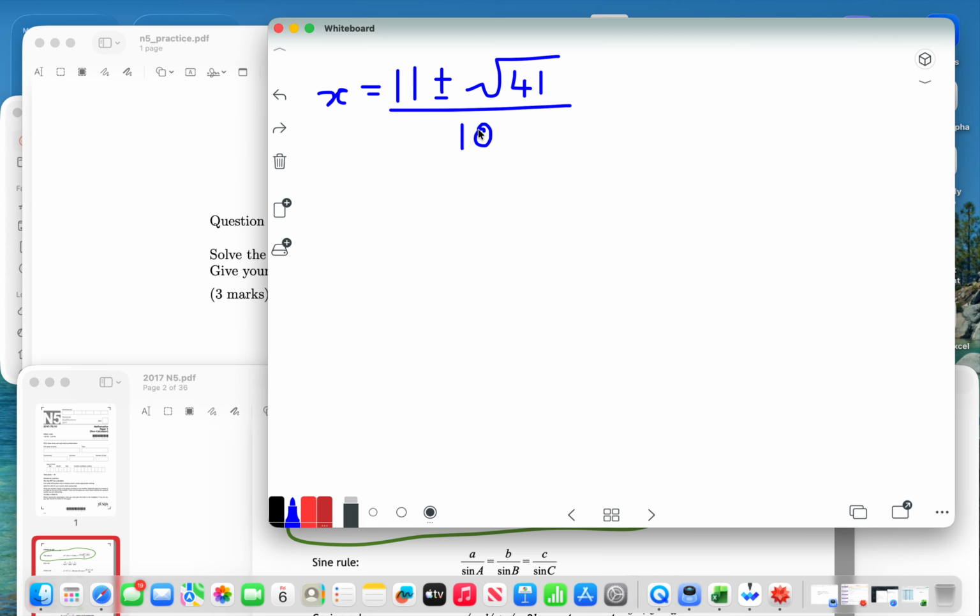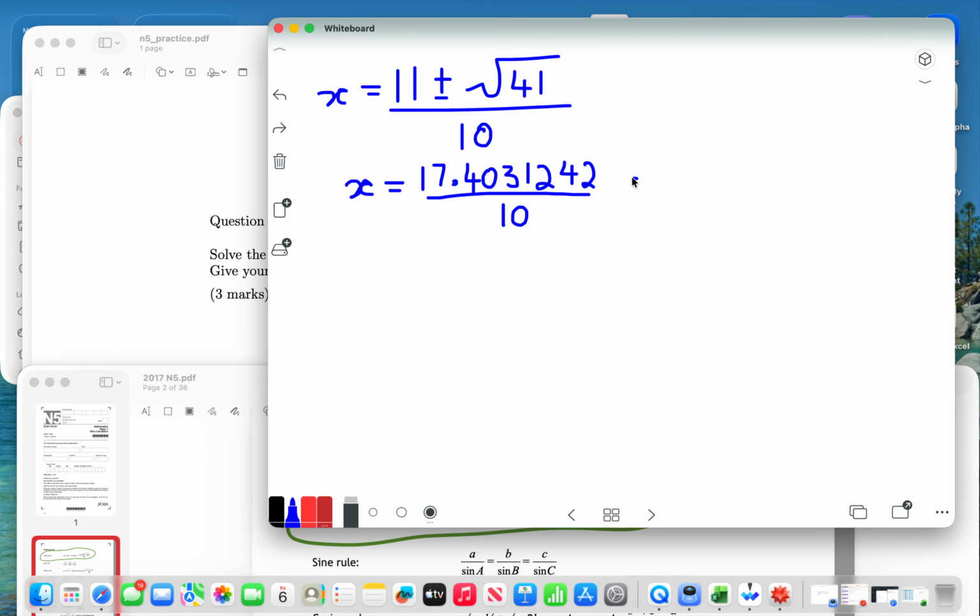So then what we want to do is put into the calculator 11 plus the square root of 41, and the first thing that comes up is 17.4031242, all divided by 10.